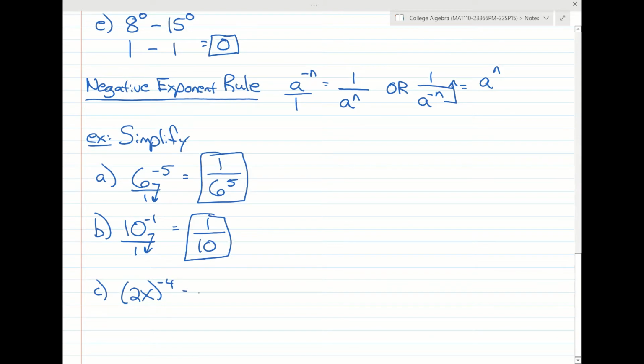In this case, that whole grouping is being raised to a negative power. So what we want is to write this as 1 over (2x) to the 4th. We could even distribute this 4th power and write 1 over 2 to the 4th times x to the 4th, which is 1 over 16x to the 4th, the best answer.